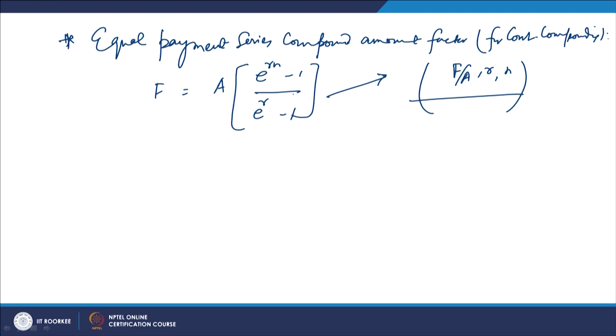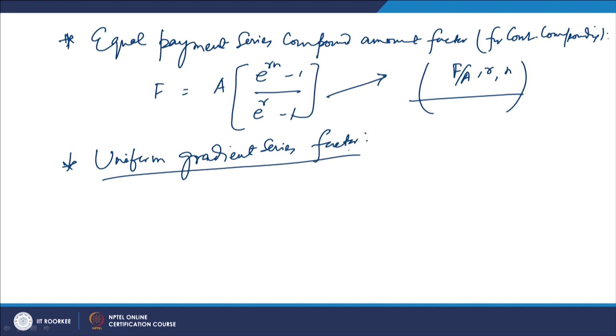We can have this even for the gradient series factors. For example, if you look at the uniform gradient series factor, you get a relation between A and G. We can have A equal to G into 1 by e raised to the power r minus 1, minus n upon e raised to the power r n minus 1.